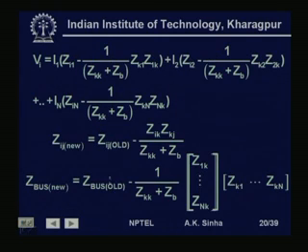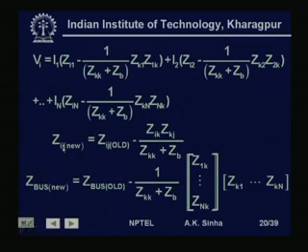Therefore, we will get Vi is equal to I1 into Zi1 minus 1 by Zkk plus Zb into Zk1 into Z1k, plus I2 into Zi2 minus 1 by Zkk plus Zb, Zk2 into Z2k, plus so on up to In Zin minus 1 by Zkk plus Zb, Zkn into Znk. So, this is what we will get by arranging terms for I1, I2 and all that separately.